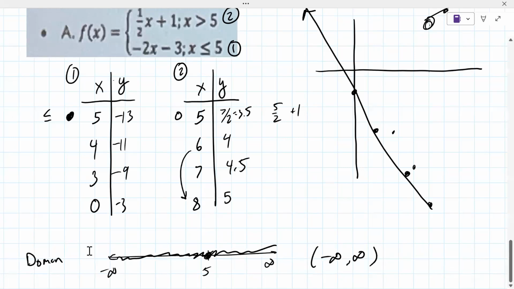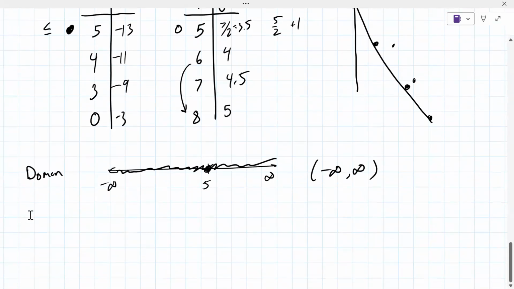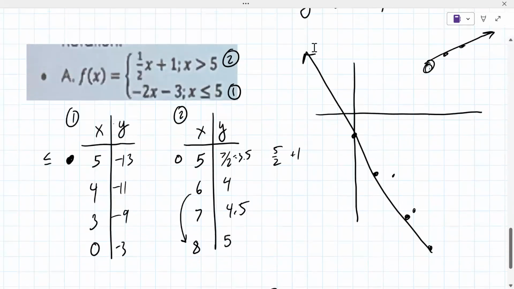The range, though, is a little bit tougher. The range you're looking at, all right, what's my minimum y value? Well, it's whatever the y value is here, which is negative 13. And how far up does it go? Well, it goes up forever. This hole, there's a value over here that fills in that hole, so you don't have to worry about that.